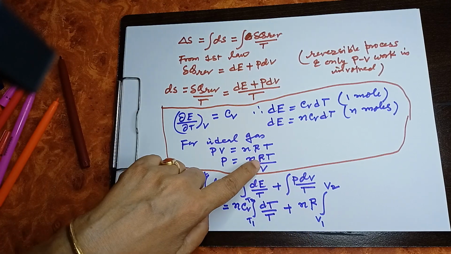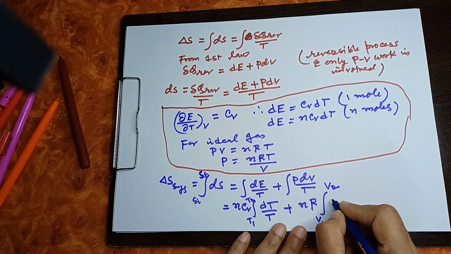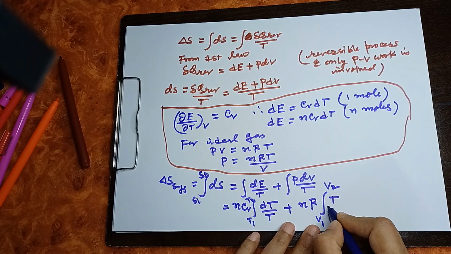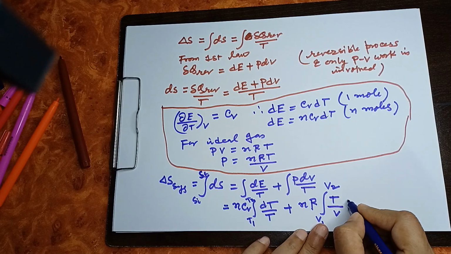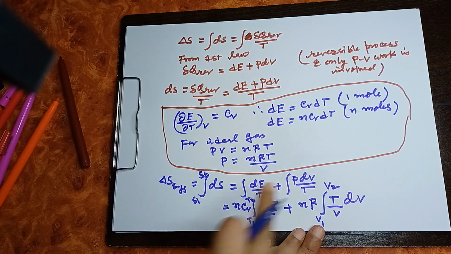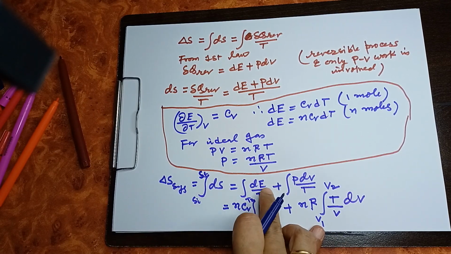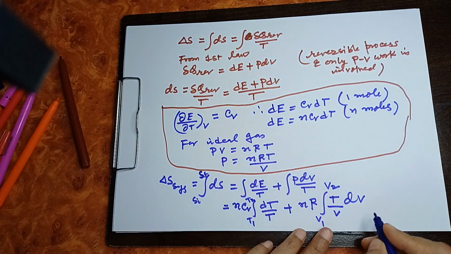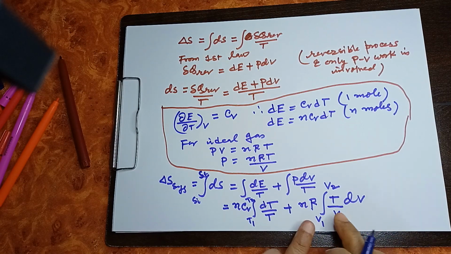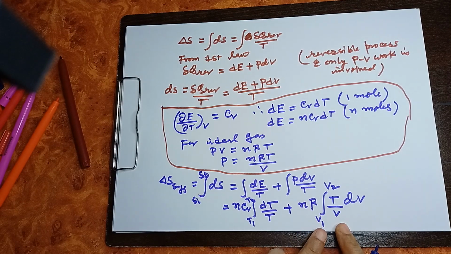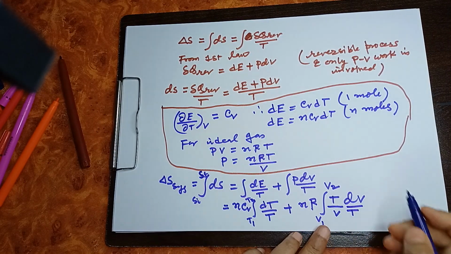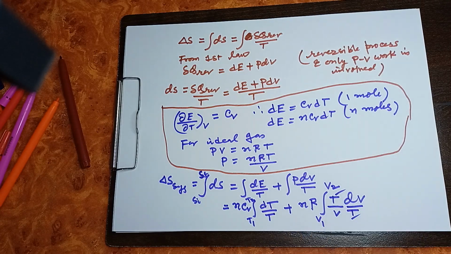Now nRT dV, okay, nR I have taken outside, T by V, then dV, and this I have divided by T, that is the dE plus P dV divided by T. So here it is P dV by T, and this divided by T. Now this T and T get cancelled.